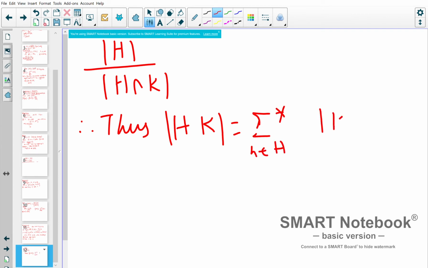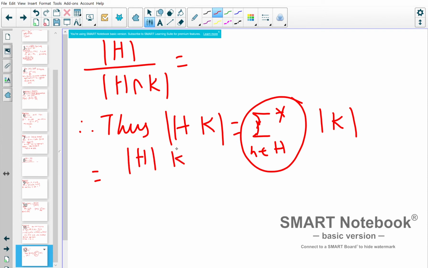The sum is running over the number of such h for which hK are distinct left cosets, and thus this will be nothing but the cardinality of H times the cardinality of K divided by the cardinality of H intersection K. Okay, so this gives you a nice and clean way to find out how many such elements there are in the product set, right?